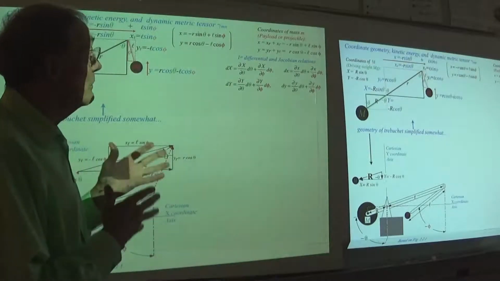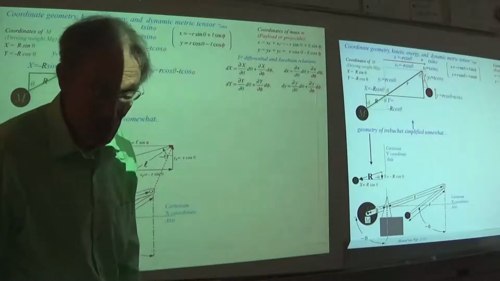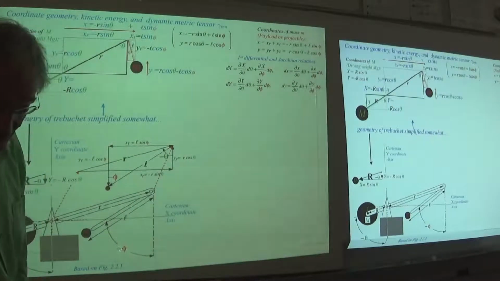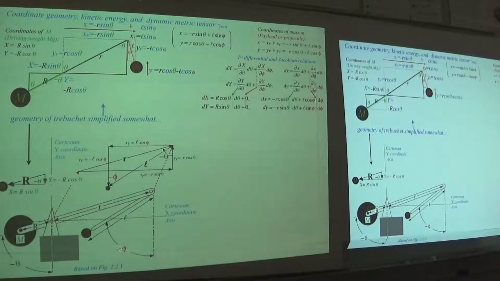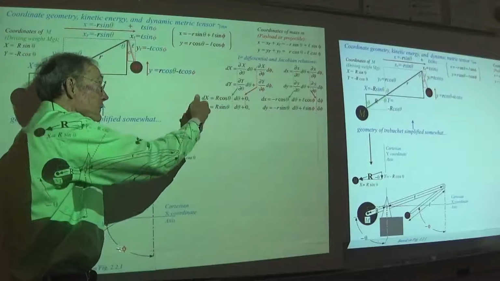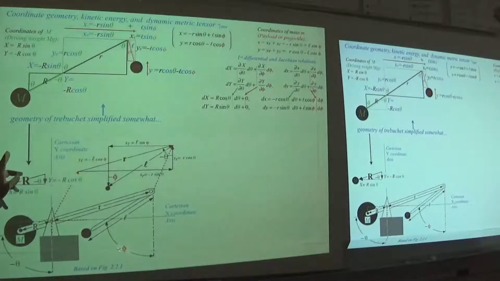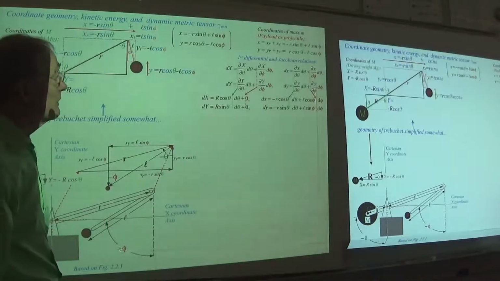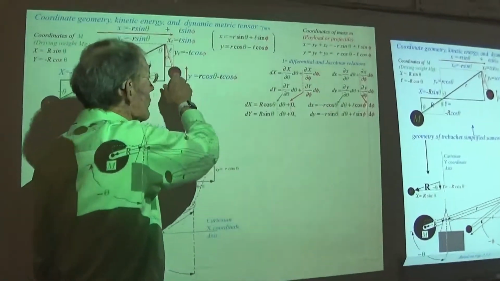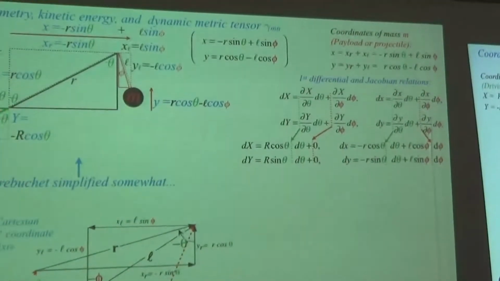Okay, but this one isn't as simple as our nice polar coordinates for a single mass. We've got two things to worry about here, and that's what makes this a little bit tricky, because we do have a differential, literally linear, equation at this point for the large mass, and then this more complicated equation for the thing that's going to be thrown, the projectile.